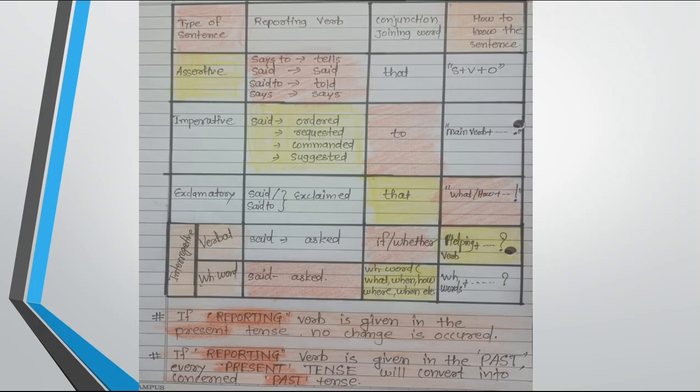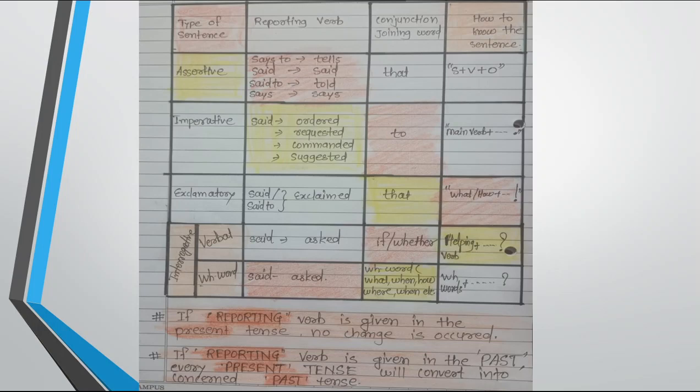Then the imperative sentence: how to identify an imperative sentence? An imperative sentence usually begins with the main verb. Sometimes, if the imperative sentence begins with please, that sentence is called a request sentence.